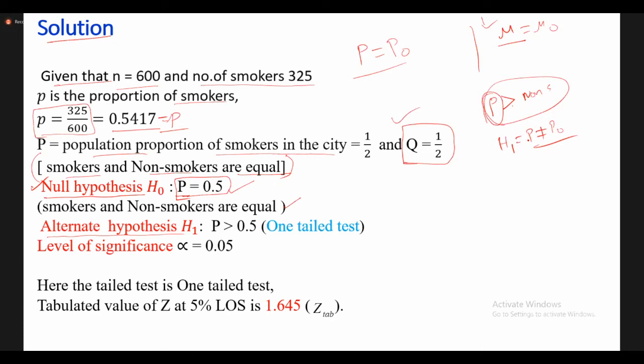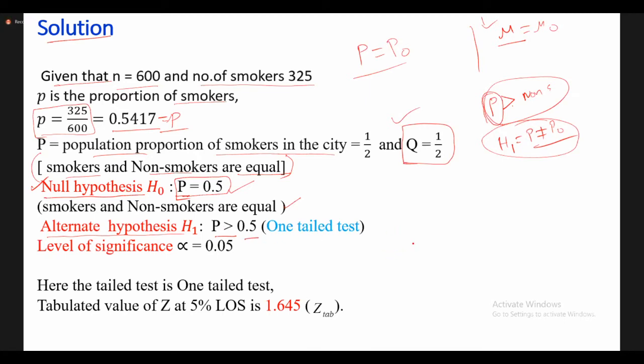Depending on the alternative hypothesis, we will decide the tailed test. All of you understood why I took greater than, and not equals to. In the question, they clearly gave the majority of smokers in the city. That's why I took P greater than 0.5.